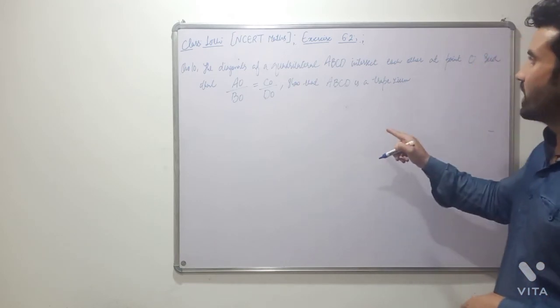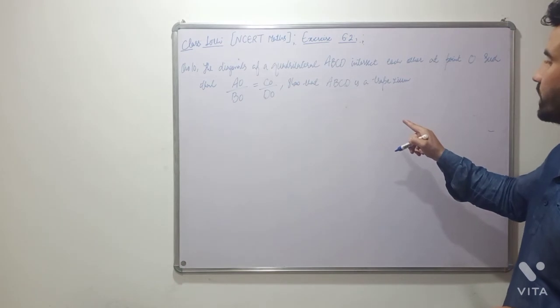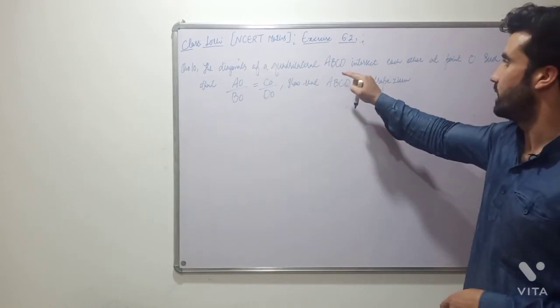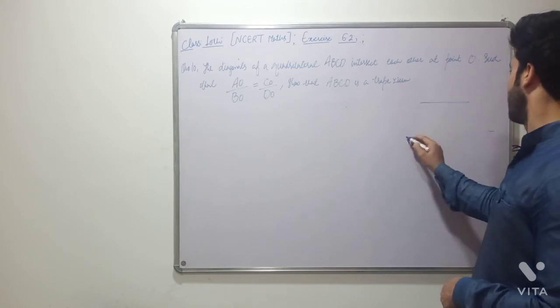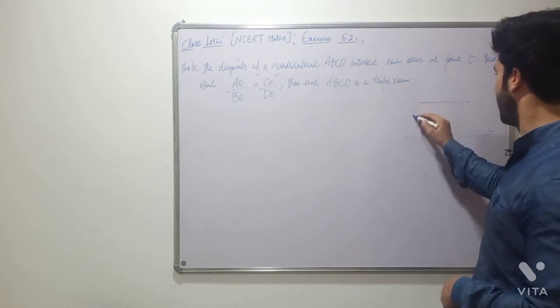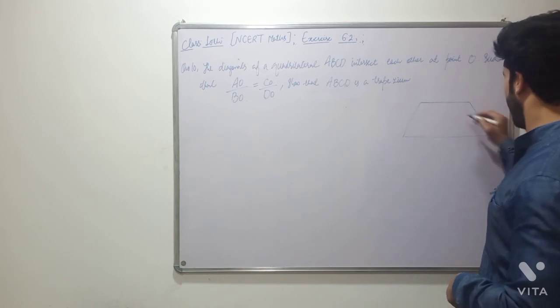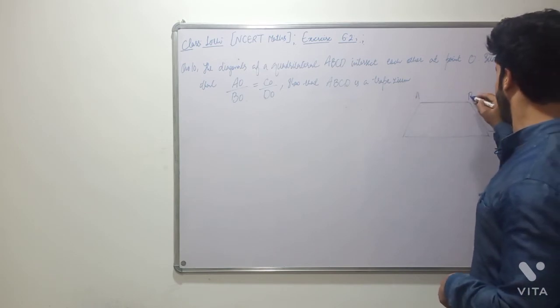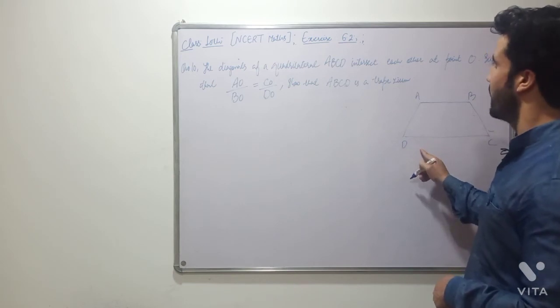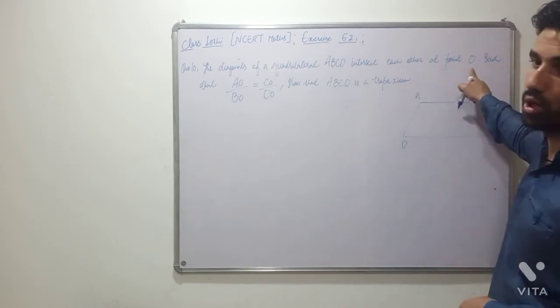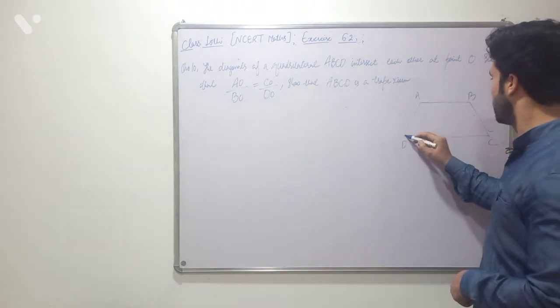ओके, तो सबसे पहले यहाँ पर हम फिगर बनाने की कोशिश करेंगे. देखिए मेरे पास क्वाड्रिलेटरल ABCD है तो मैं इस क्वाड्रिलेटरल को कैसे बना लेता हूँ. फॉर एग्जांपल ये मेरे पास यहाँ पर है क्वाड्रिलेटरल ABCD. ओके, अब ये जो क्वाड्रिलेटरल है इसके डायगोनल्स इंटरसेक्ट ईच अदर एट पॉइंट O. सो जॉइन दिस डायगोनल्स.